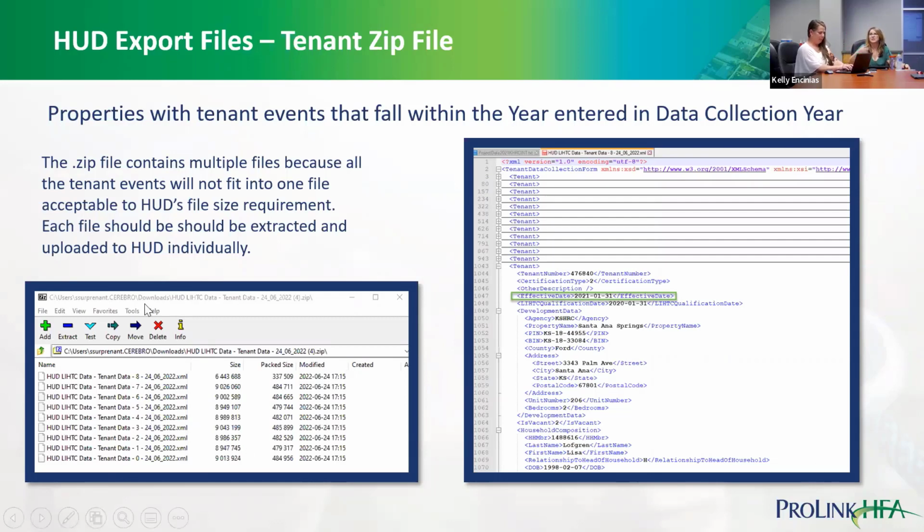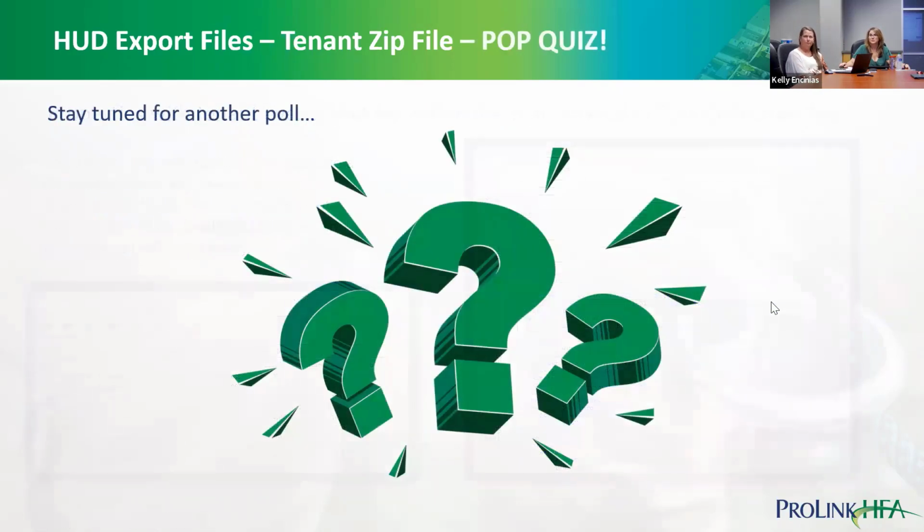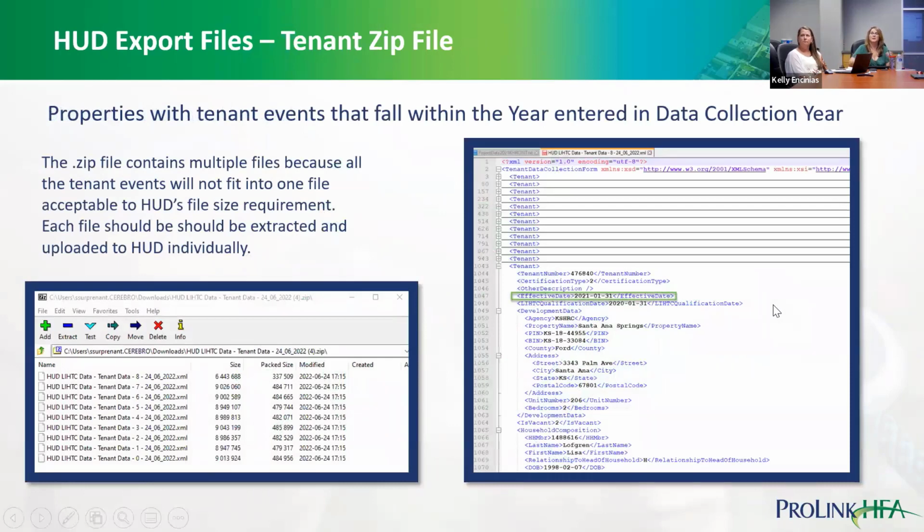Basically it brings in the events that fall in the year entered in data collection, based on whatever the tenant event date is. I'm trying to think of some of the issues that we had last year with the tenant file.